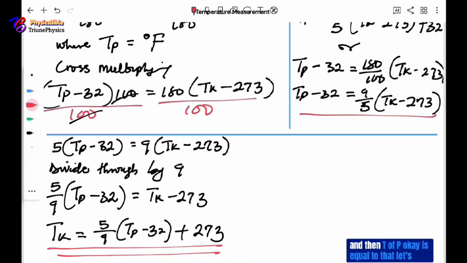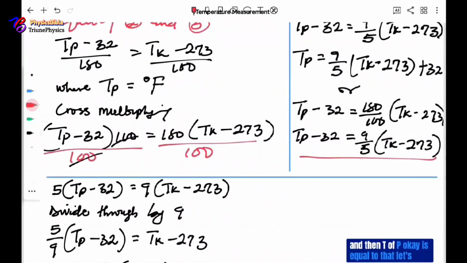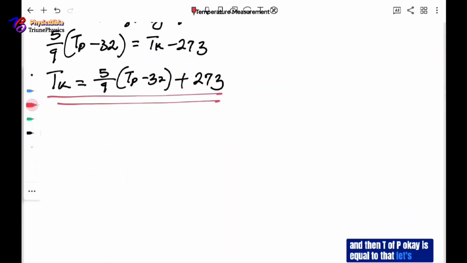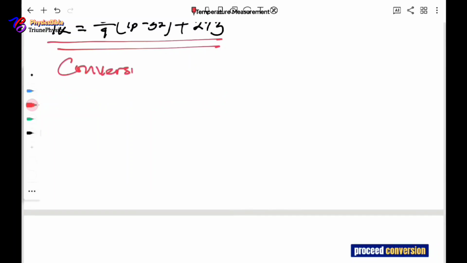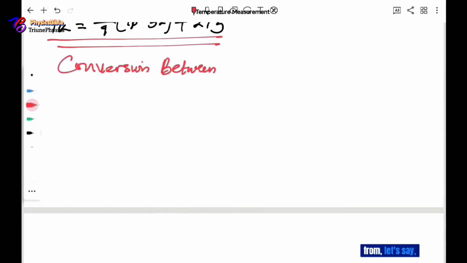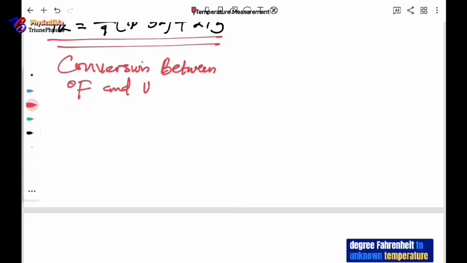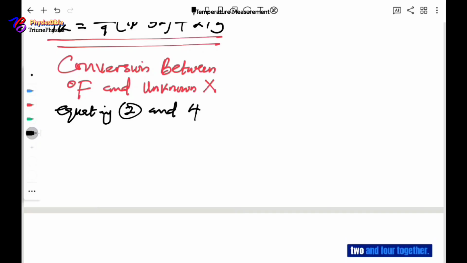And then T of F is equal to that. Let's proceed. Conversion from, let's say, degree Fahrenheit to unknown temperature, or vice versa, which is X. Then we would equate equation 2 and 4 together.